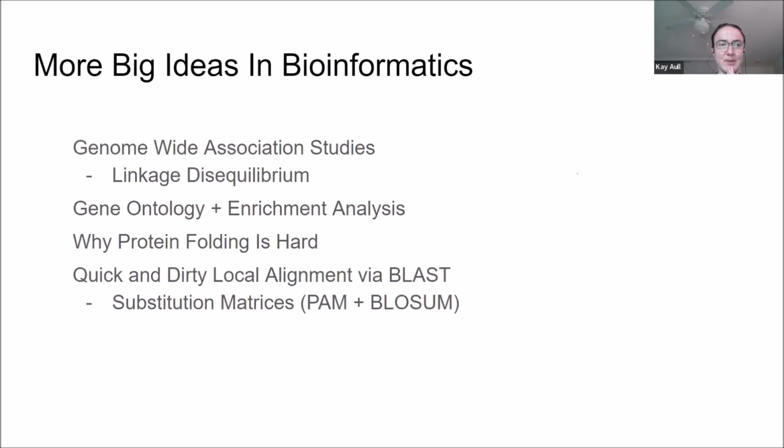Another common thing to be doing is gene ontology. It's looking at annotations for your genes of interest, and some discussion of why protein folding is hard, and then when you don't really want to get into all of that alignment stuff, you want some heuristics.